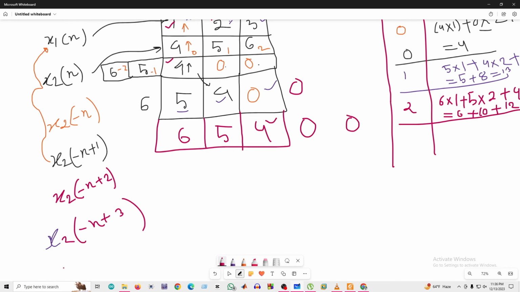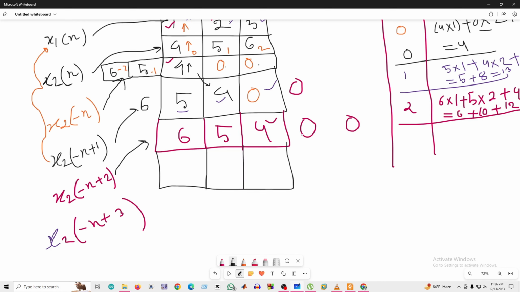So let me just mark out the situation in terms of shifting index, basically, right? So this is your x of minus n. This is the first shifting. This is the second sample delay, and now we want to delay the third sample.